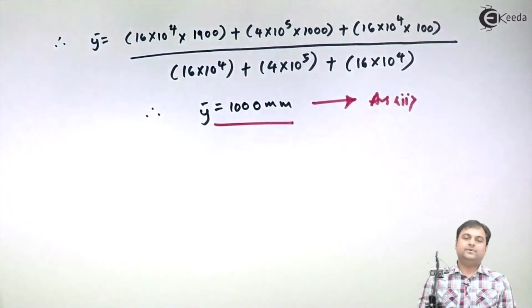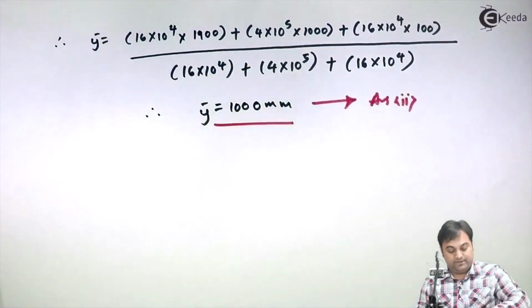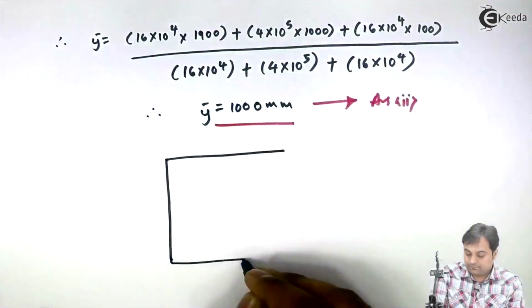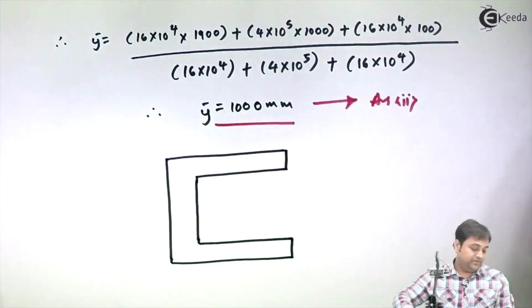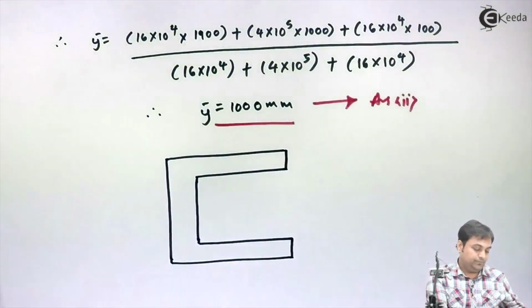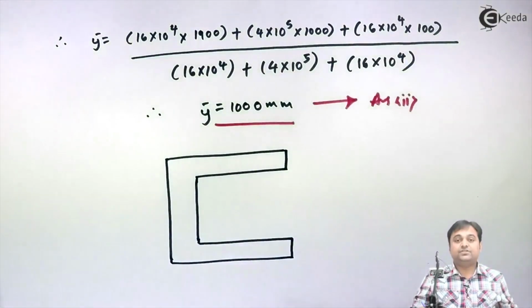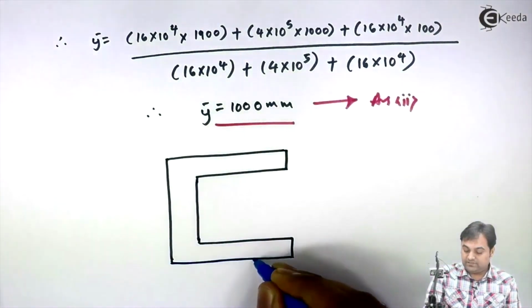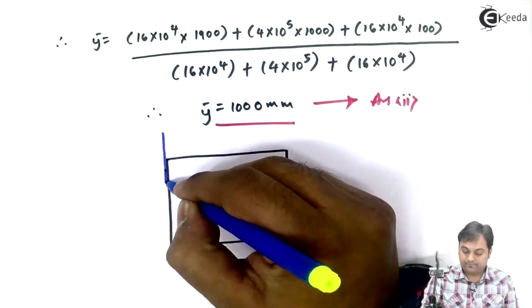Once we have got x bar and y bar, we can easily show it on the diagram. So here I would be marking the centroid on the given C section. Now the x bar value is 322.22 mm and x bar is the distance with respect to the y axis. So first I'll keep this C section on the x and y system.